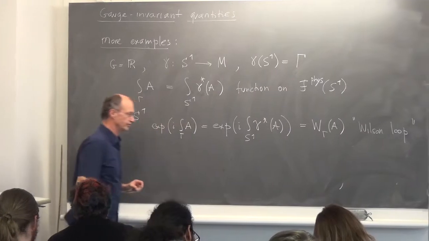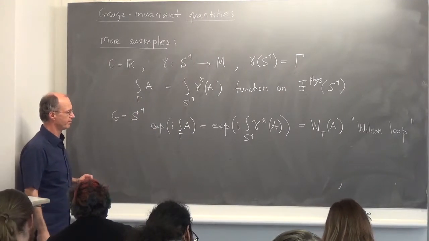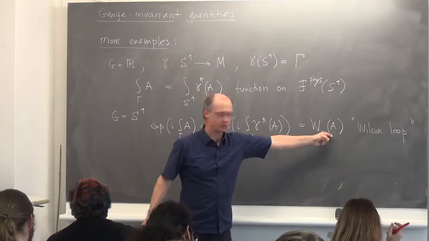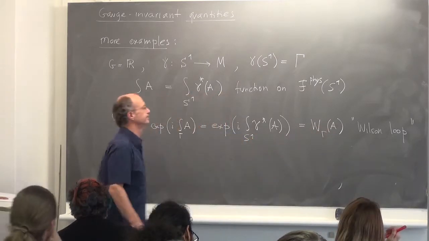In physics, this would be called a Wilson loop or Wilson line. But for us, this is an S1 invariant quantity.